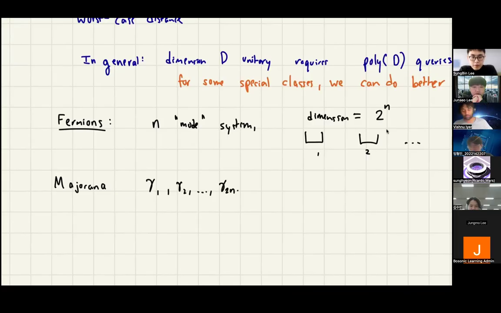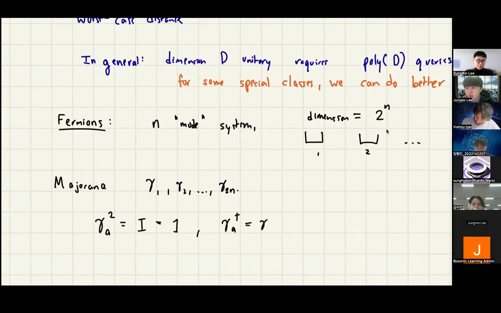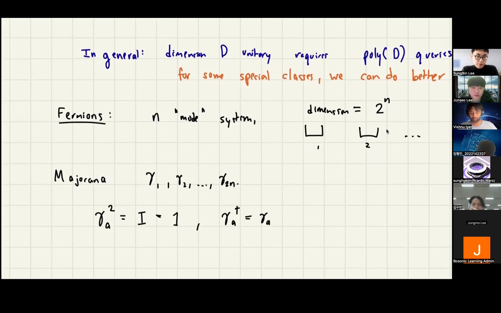Okay? And these Majorana operators have special properties. If you take any Majorana operator squared, it's equal to the identity matrix. Sometimes I might write this identity matrix as just a 1, okay? So it squares to the identity. It's self-adjoint, which means the Hermitian conjugate of the Majorana operator is just equal to itself.